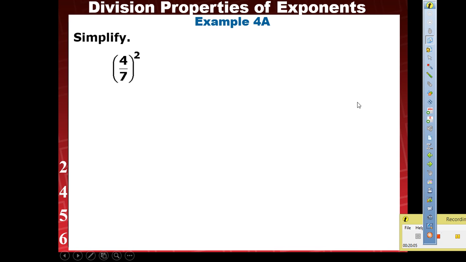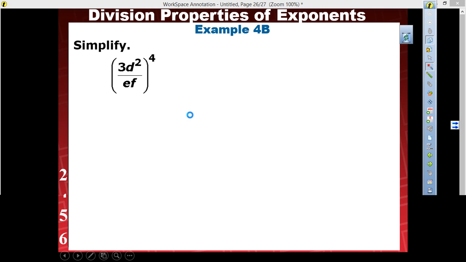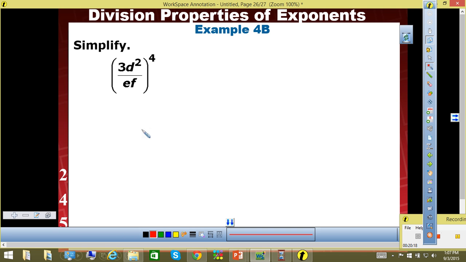Copy this. Example 4b is 3d to the second e over f, and all that to the fourth power. Do this one together. Once again, what is the first thing we do? Put a 1 on everything that does not have an exponent so that you don't forget to distribute the power, yes?